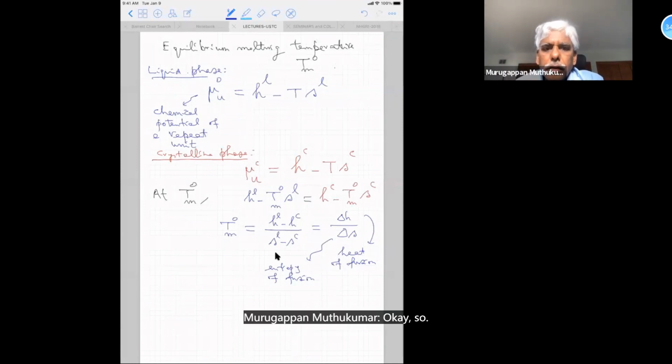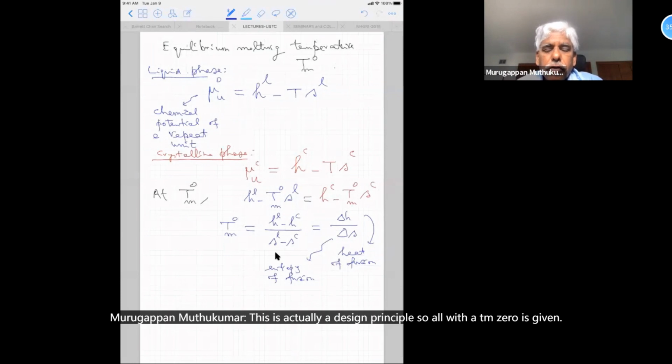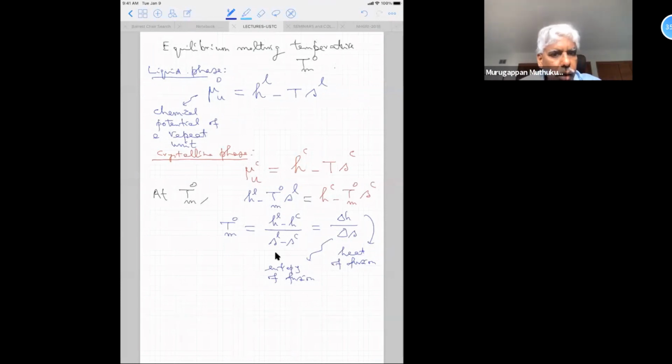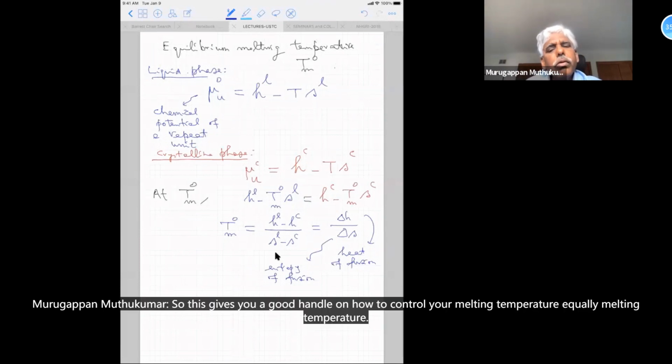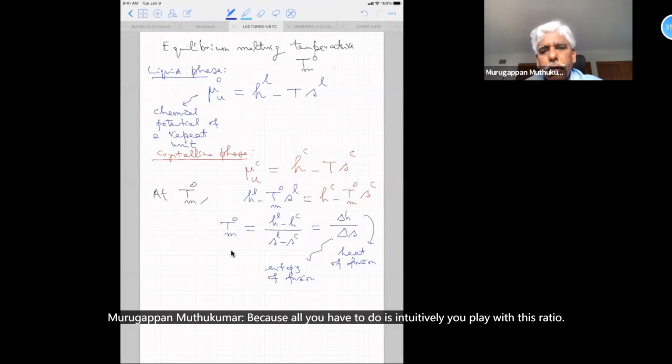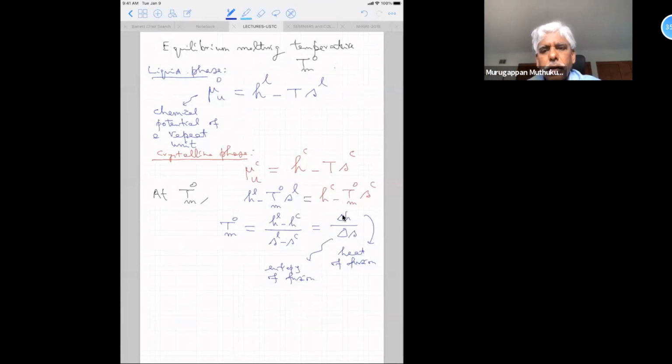Okay, so this is actually a design principle. Tm0 is always given by this ratio. So this gives you a good handle on how to control your equilibrium melting temperature, because all you have to do is, intuitively, play with this ratio.